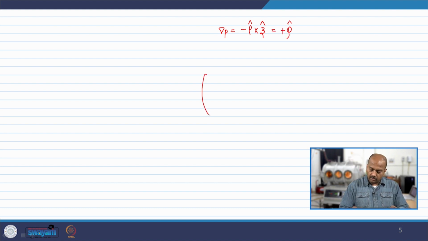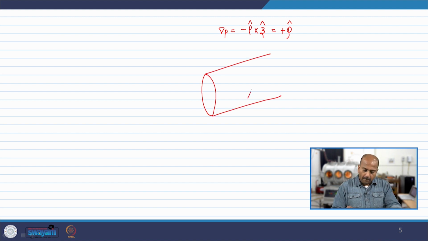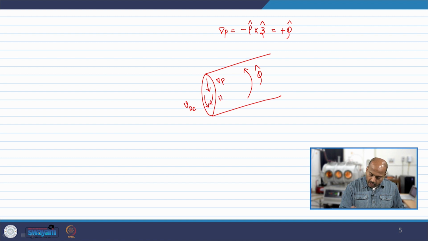So, if you take this geometry that we have taken earlier, this is your phi cap and this is your del P. Then this should be the V d E for electrons, and exactly opposite you should have V d I, the diamagnetic drift velocity for electrons and for ions. We will rewrite this expression in other ways.